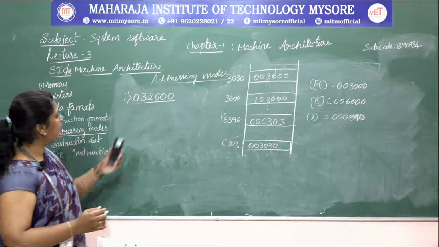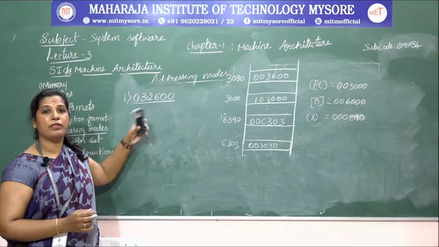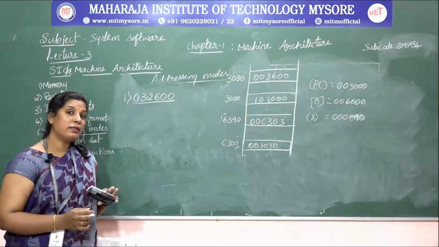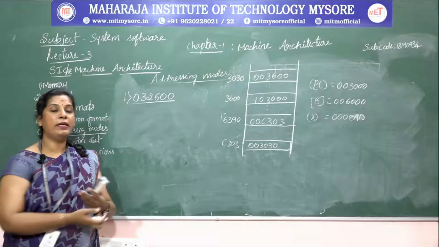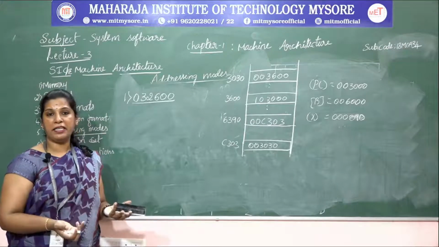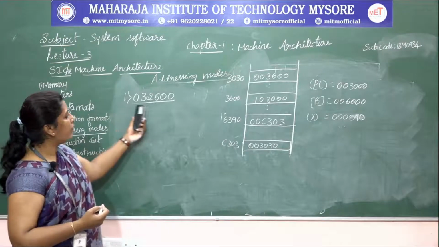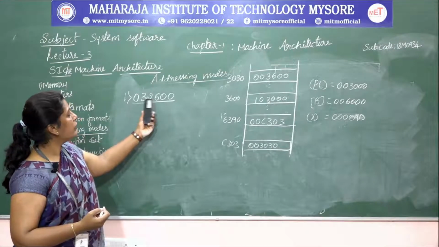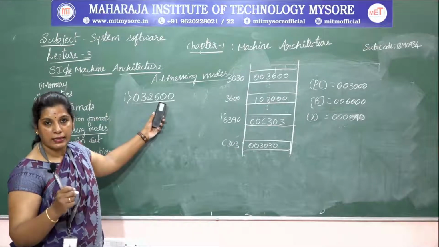When we look at this instruction, we can easily say it is 3 bytes in length. If it is 3 bytes, it is format 3, whether it might be SIC or SIC/XE. First, this instruction is composed of 6 hexadecimal digits.